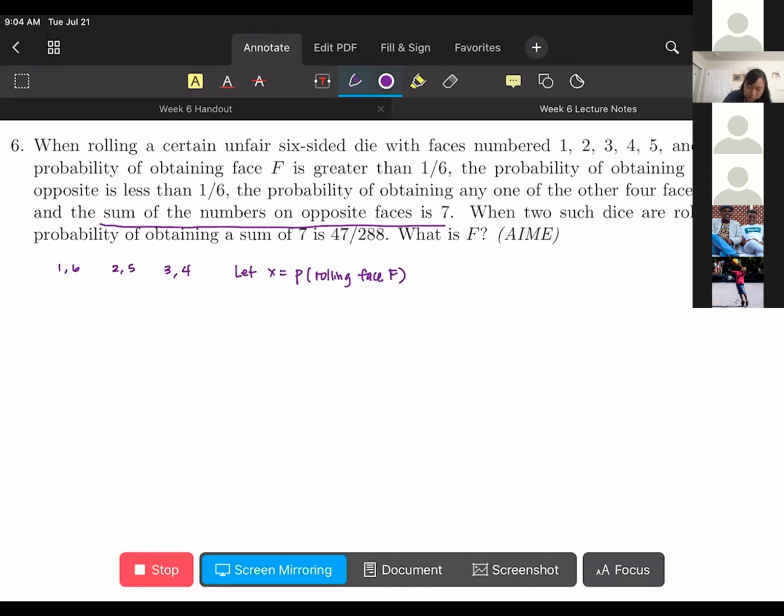So the probability of rolling that face, we know this is greater than 1/6. That means the probability of rolling any other face, like 2, 5, 3, or 4, is 1/6.